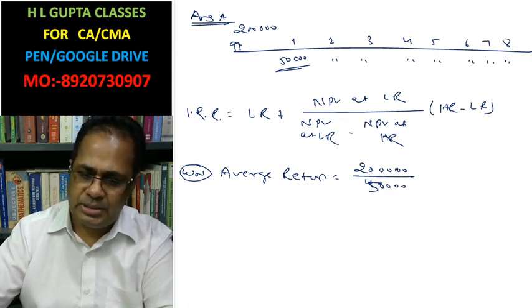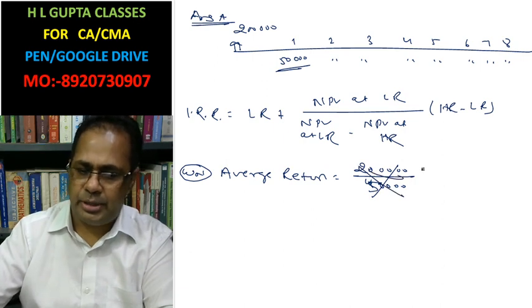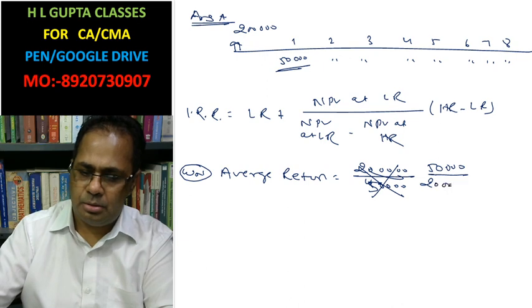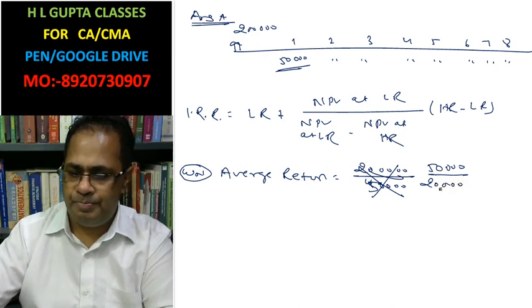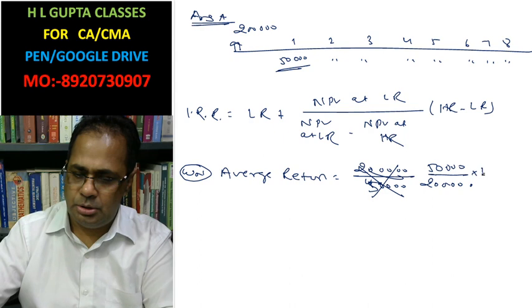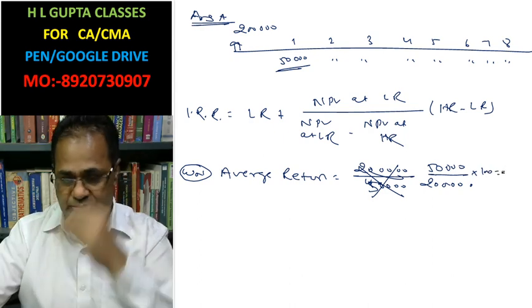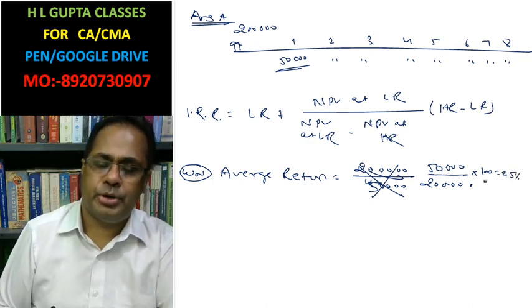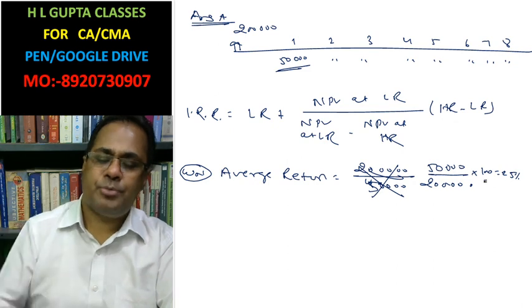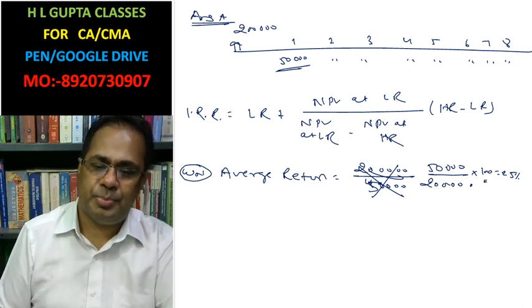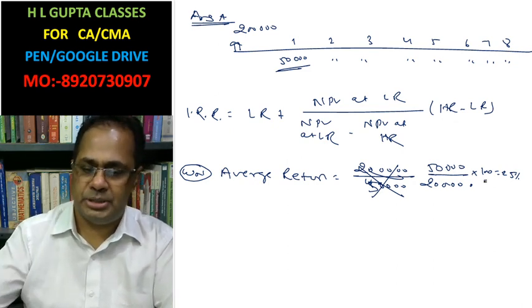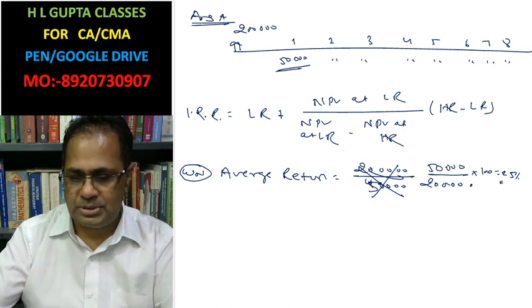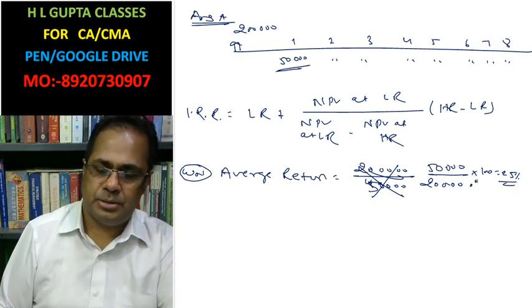So now average return is 50,000 divided by 2 lakh into 100. This is approximately 25%. Now we have to see present value factors nearby of these.